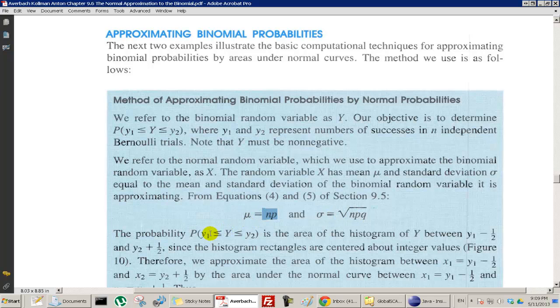The probability that y is between y1 and y2 is the area of the histogram of y. The width of each bar is 1 unit, and it goes down by half and up by half from the y value. So we want y1 minus a half up to y2 plus a half, since the histogram rectangles are centered about integer values.